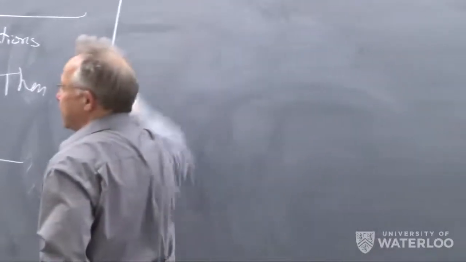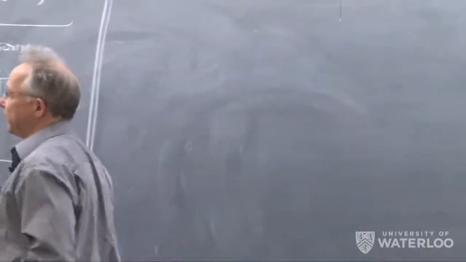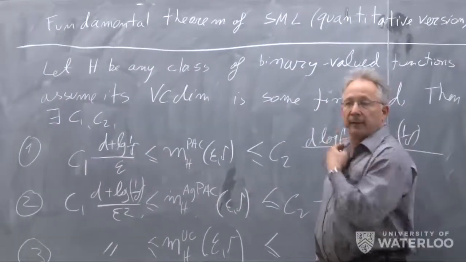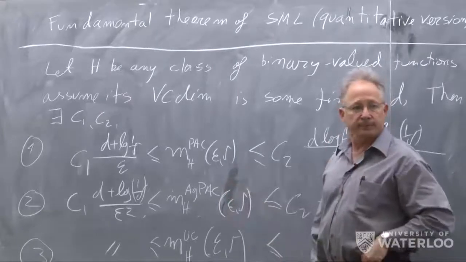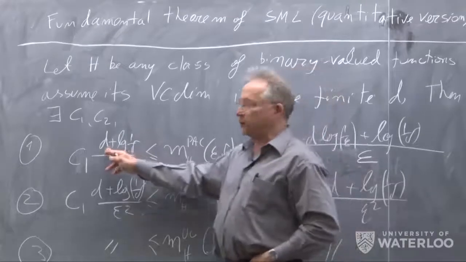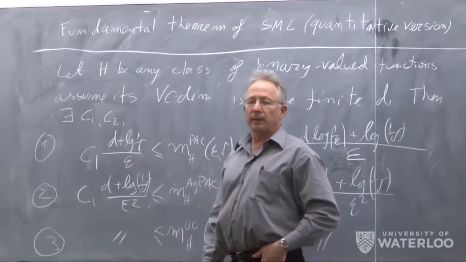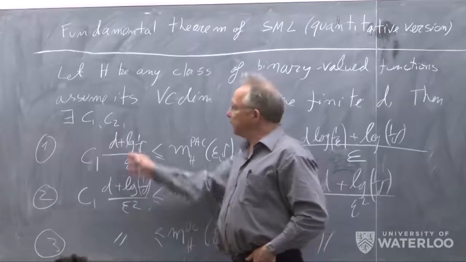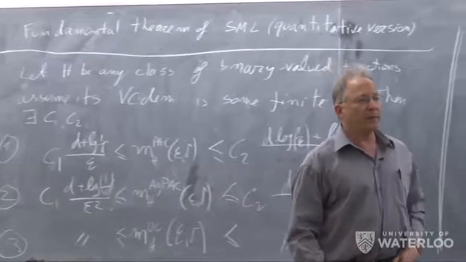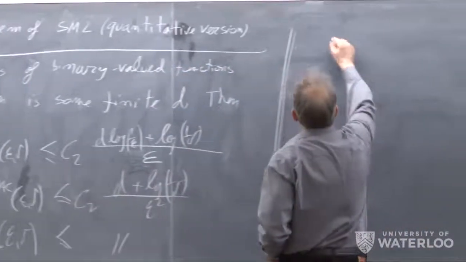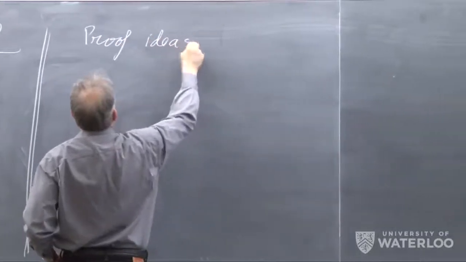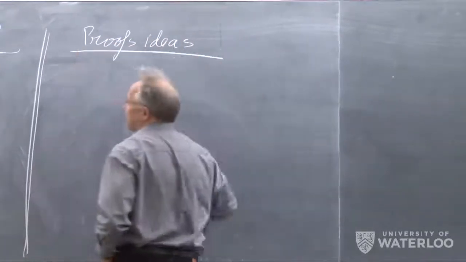So let us start by considering this lower bound. Here we are in the realizable setting, and we want to show that if you have a class of VC dimension D and you want to learn it up to a precision epsilon, you need roughly D over epsilon many points. Now, what do we already know? So we talk about the proof ideas, because we have here lots of things to prove.